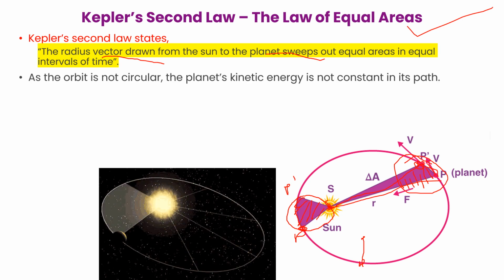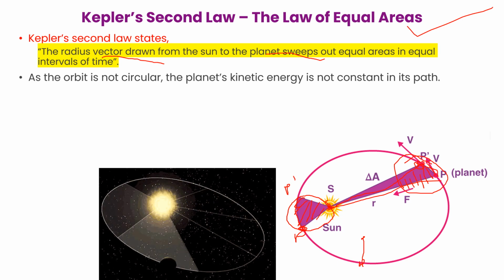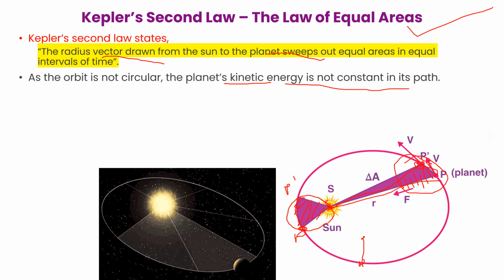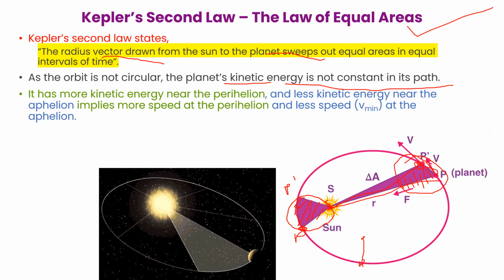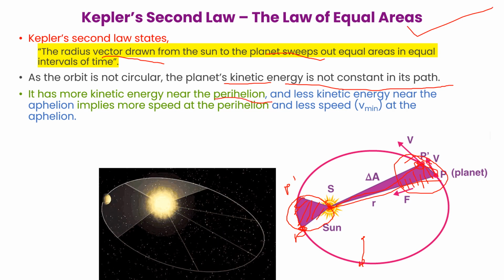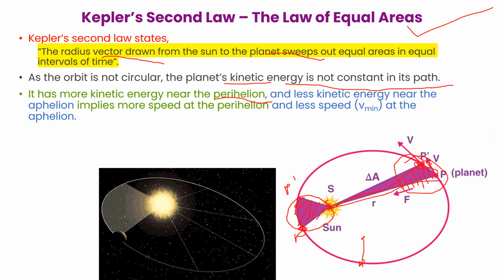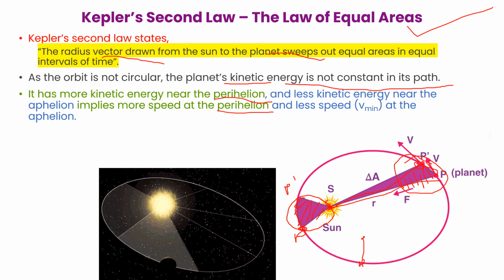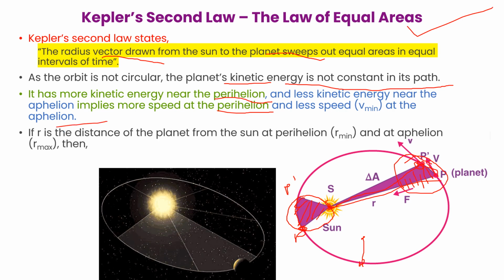Correct? And the important thing over here, students, is that as the orbit is not circular, the planet's kinetic energy is not constant in its path. Okay? It has more kinetic energy near the perihelion and less kinetic energy near the aphelion. This implies more speed at the perihelion and less speed at the aphelion. Okay?